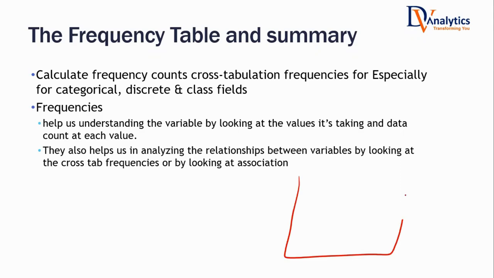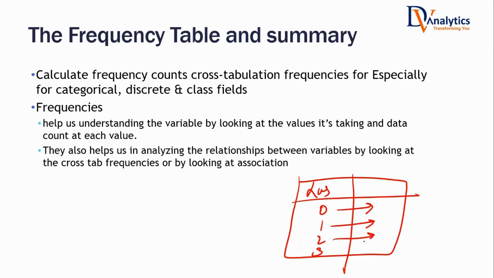In a frequency table for a particular variable, you will have the different values taken by that variable. Let's say number of loans: 0, 1, 2, 3, and how many times 0 appeared, how many times 1 appeared, how many times 2 appeared, how many times 3 appeared. That is the frequency or the count. By looking at this, if there are any values that this variable should not take, and how many times that is appearing, you will get to know.